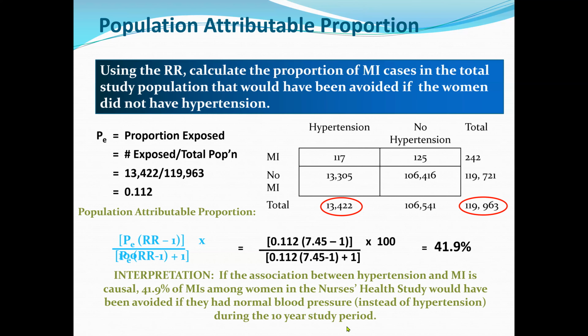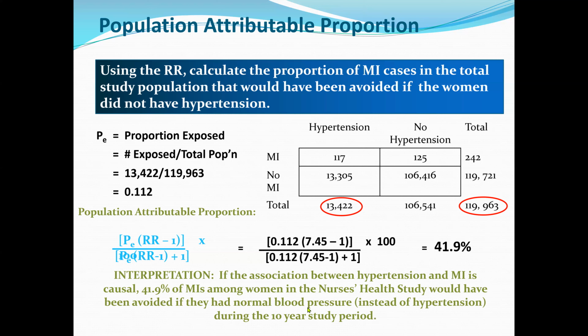This tells us that if the association between hypertension and MI is causal, then 41.9% of MI among women in the Nurses' Health Study would have been avoided if they had normal blood pressure instead of hypertension. The question in part 1 was over a 10-year study period.